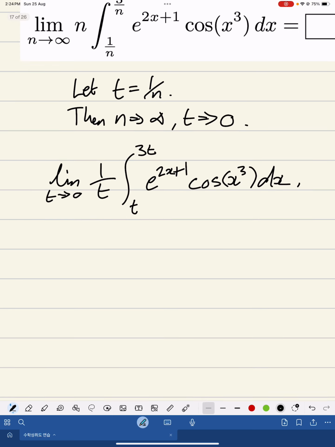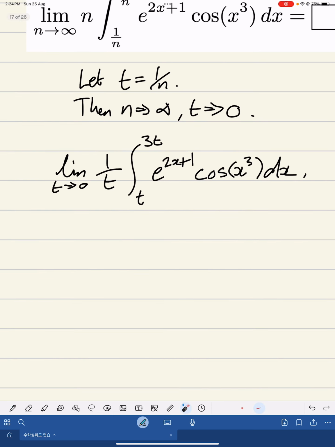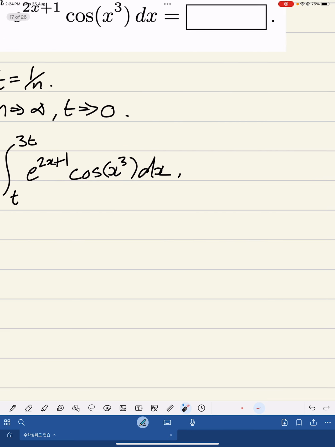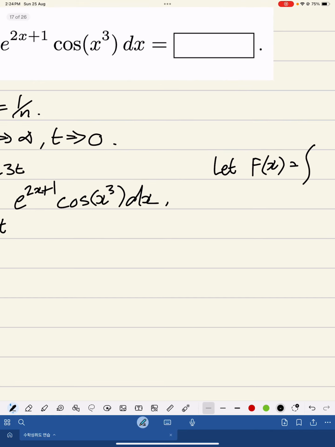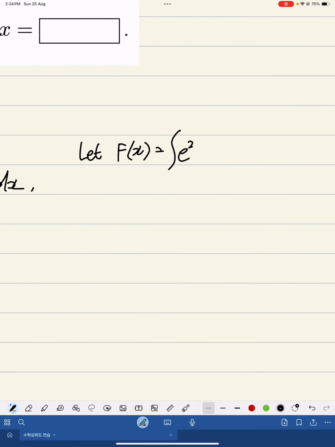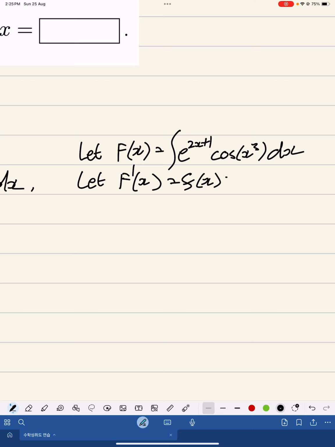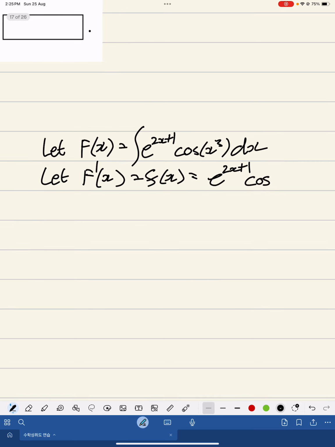Now let's call the function inside F(x). So let capital F(x) be the indefinite integral of e to the 2x plus 1 times cosine of x cubed dx, and let capital F prime of x be small f of x, which is equal to e to the 2x plus 1 times cosine of x cubed.